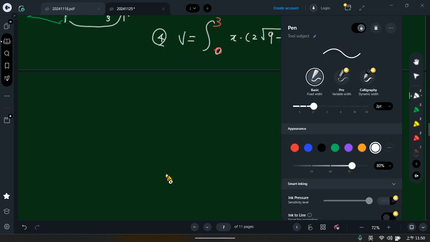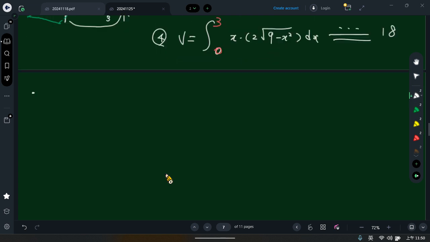And then I will introduce another one, solids of revolution. The first rule is the disk method. So what is a solid of revolution?